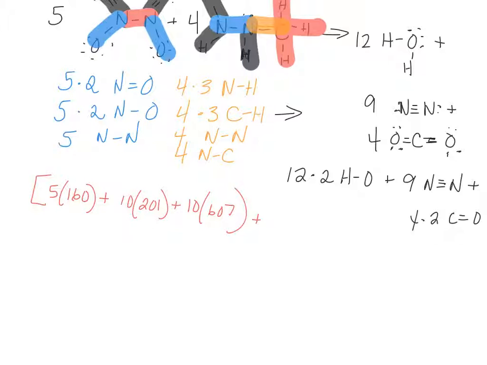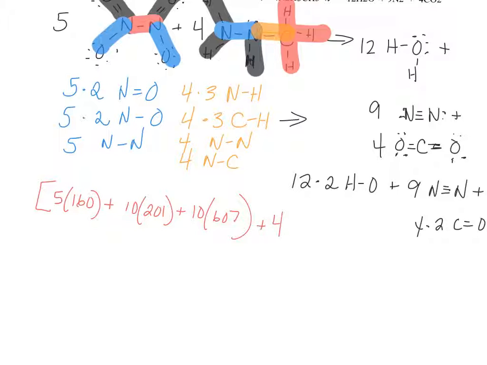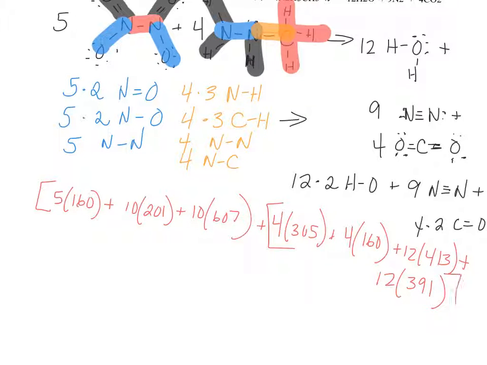In the next molecule, we have 4 NC bonds at 305 plus 4 NN bonds at 160 plus 12 CH bonds at 413 and 12 NH bonds at 391. Okay.